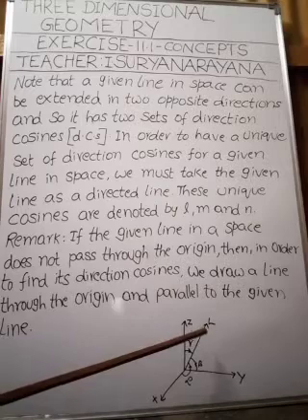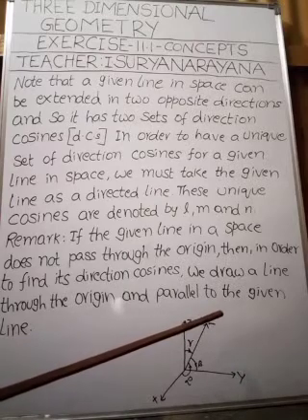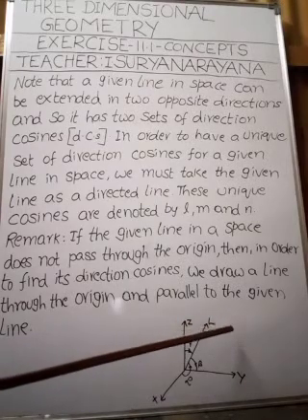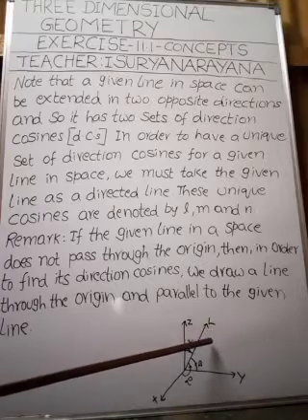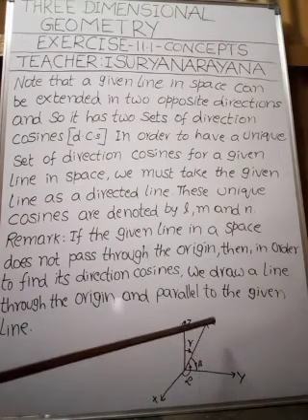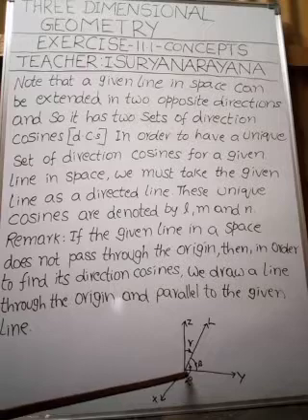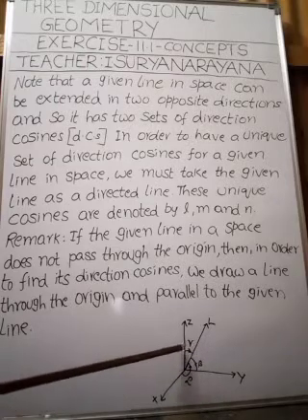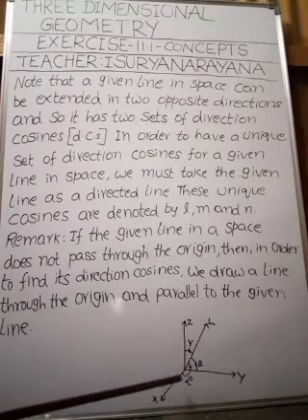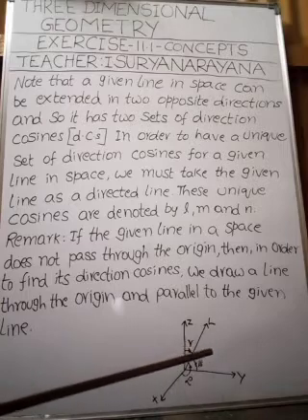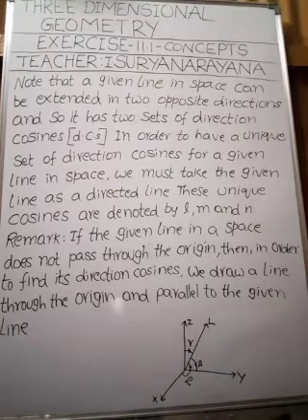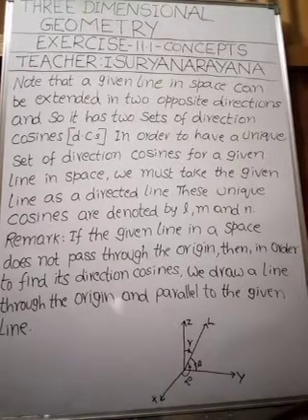In case a line is not passing through the origin, we have to draw a line passing through the origin which is parallel to the given line. Then automatically we get the same kind of figure. Understood this point, my children?